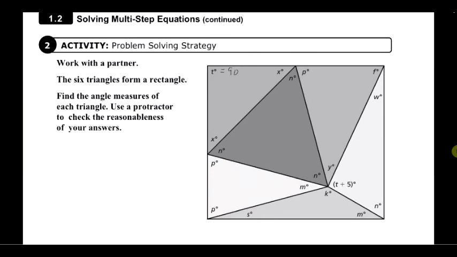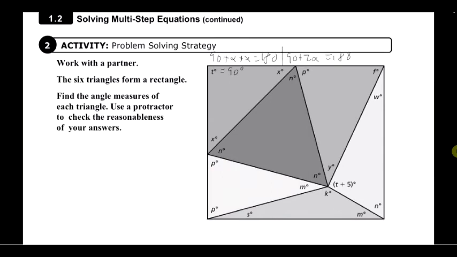and we determine that that is 90 degrees. Now that we found this right angle, look, we have 2 of the same variable in this triangle, so we know that 90 plus 2x equals 180.